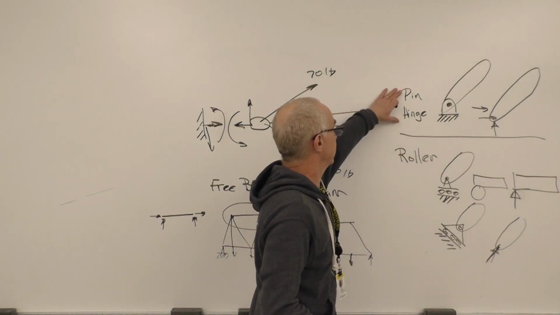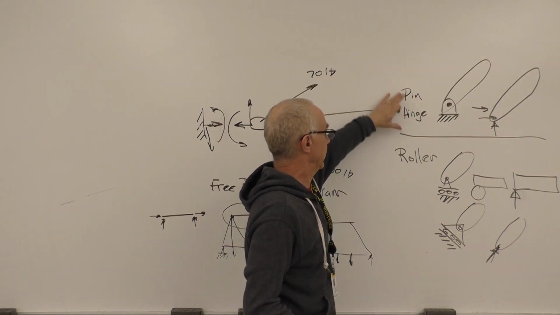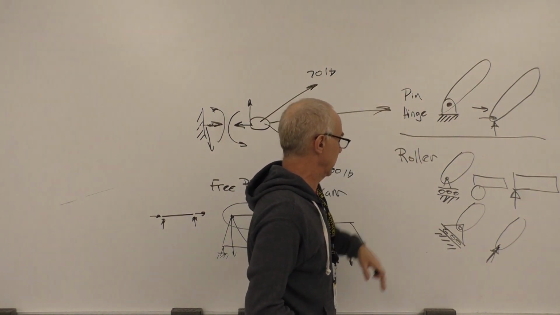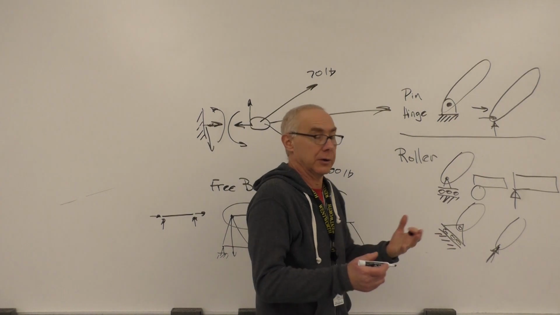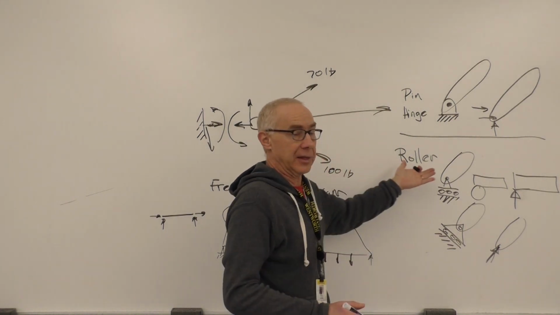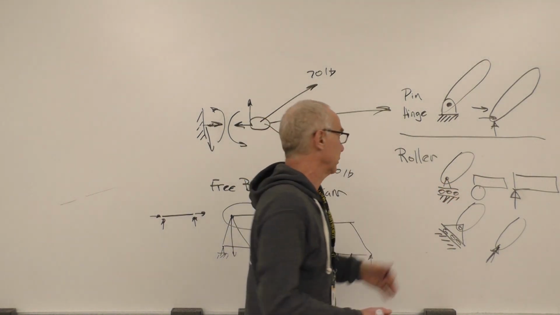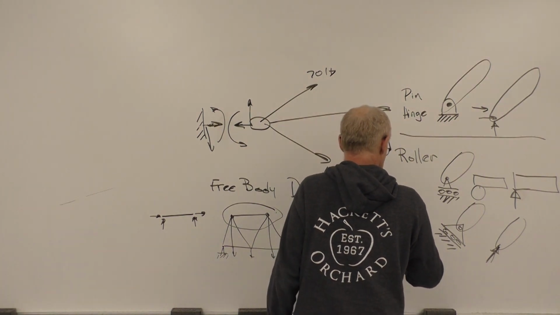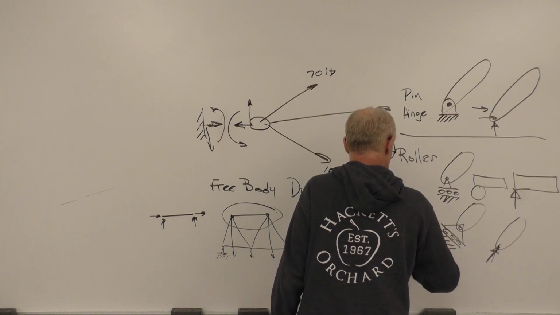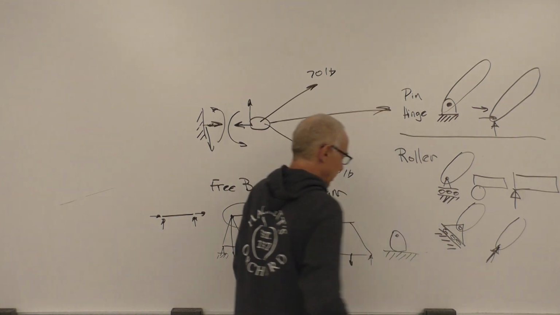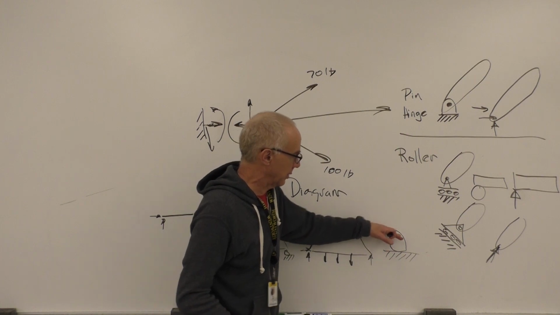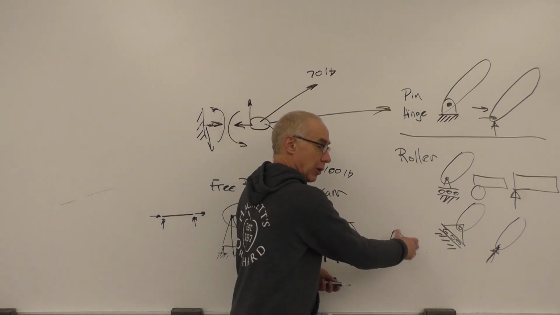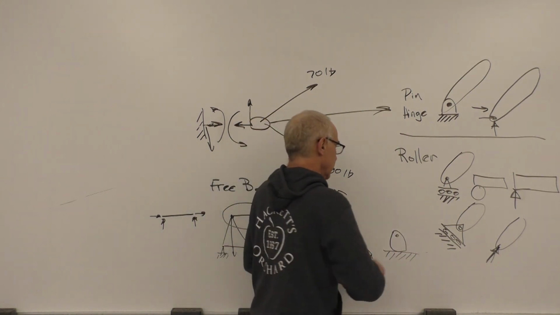So here are the classical ones: pin and hinge, roller, and there's a third one, a rocker, which essentially has the same impact as a roller. So if you see one in a drawing, and it looks something like that, you can imagine this thing is being allowed to rock either way.